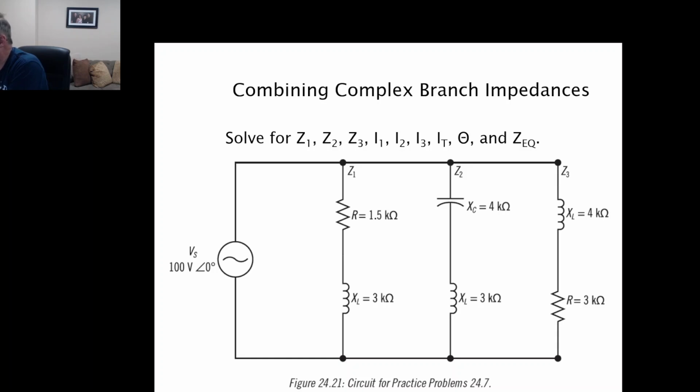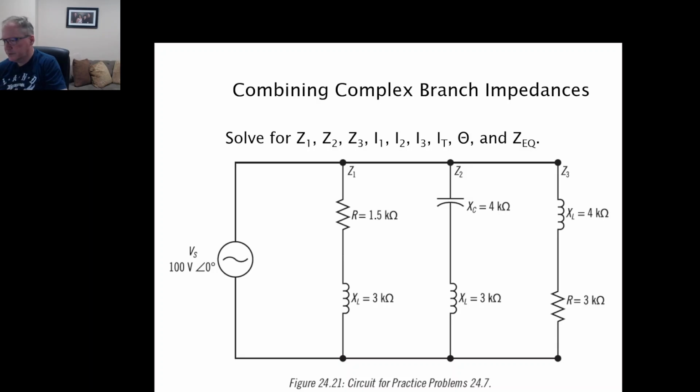Z2 is going to equal 4K at an angle of negative 90 plus 3K at an angle of 90. And then Z3 is going to equal 4K at an angle of 90 plus 3K at an angle of 0.